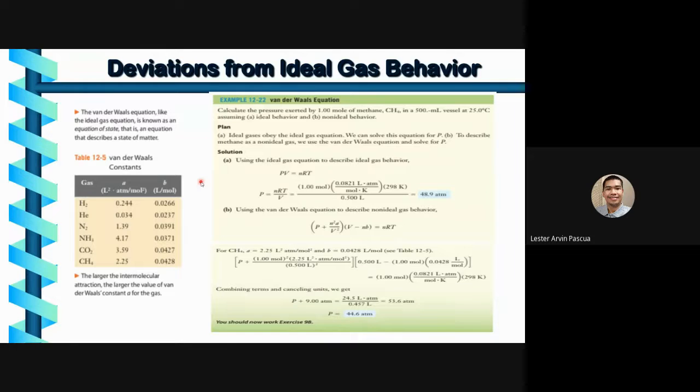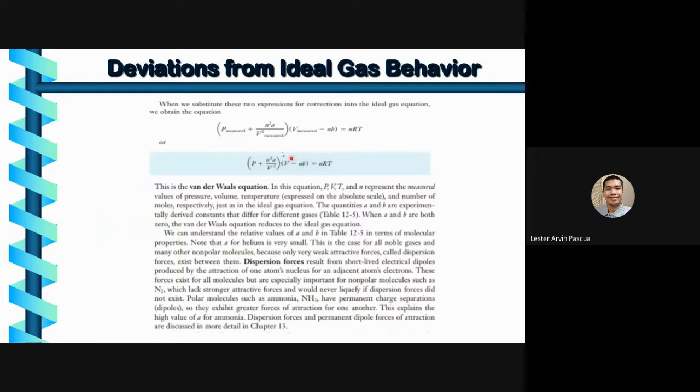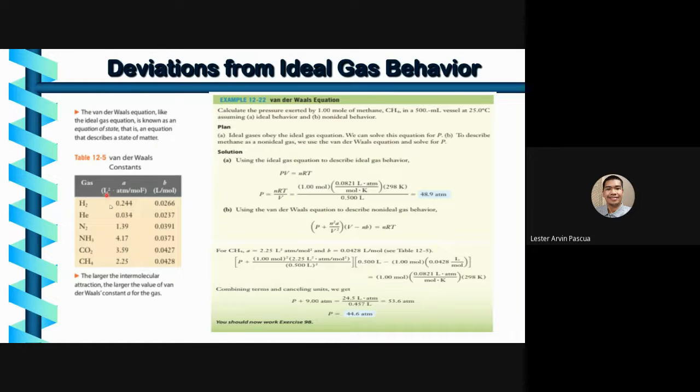Okay. So, ano lang naman to, again, it's just similar to the ideal gas law, pero nadagdagan lang noong A tsaka B. No? Itong units na ito, pati itong units na ito. So, paano makuha yun? Sir, paano namin makuha yung A tsaka B? Actually, may table for that.